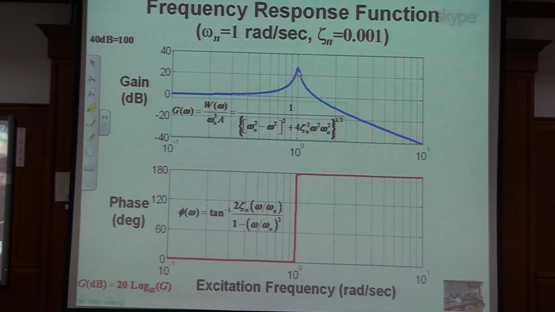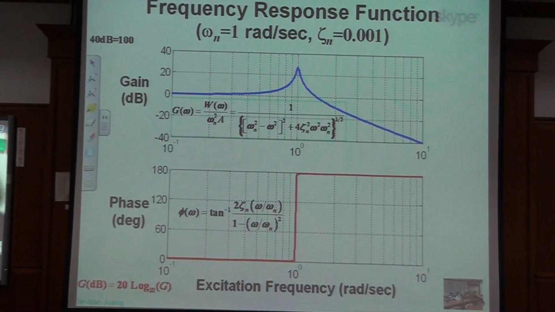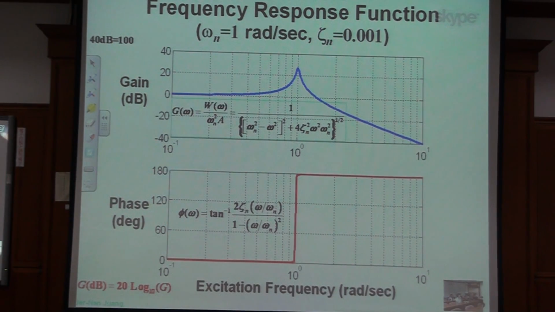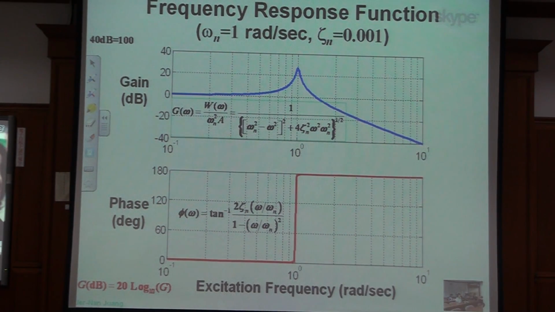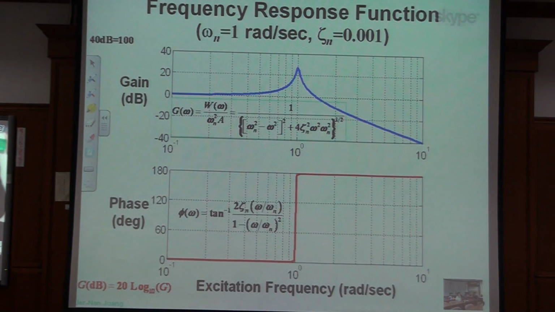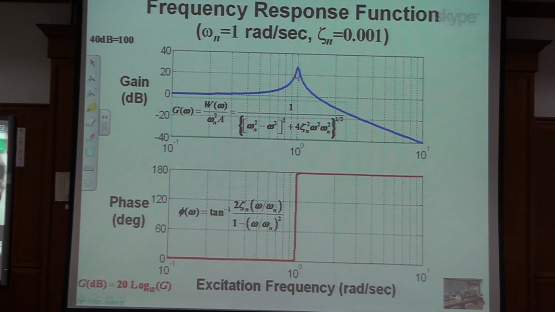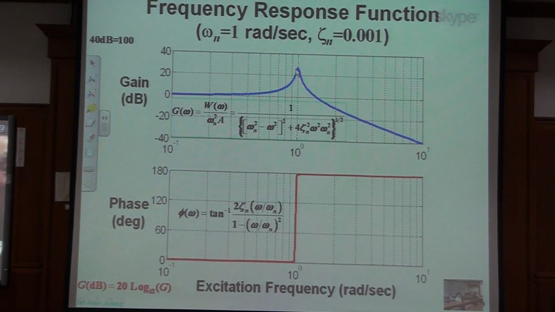The peak. Assume the earthquake frequency is the same as my system frequency, that's resonance. If they oscillate, it means in the gain here, in dB, I have a peak. See? I gain a lot.